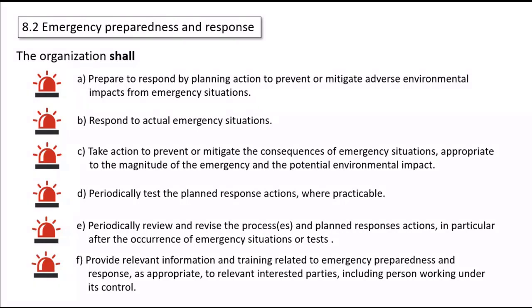This is very important, especially if your industry has very sensitive elements that can cause harm to the communities around you, for example, radioactive or hazardous chemicals and so on. Okay, so this is A, B, C, D, E, and F that you need to do.